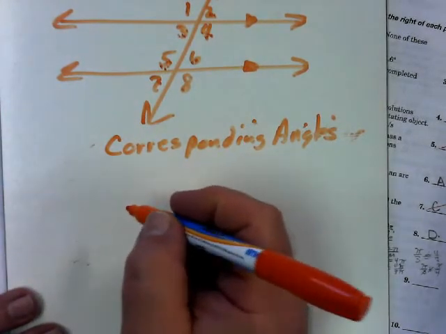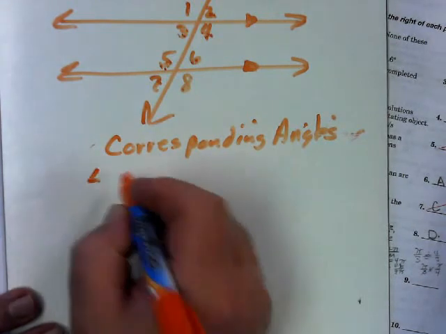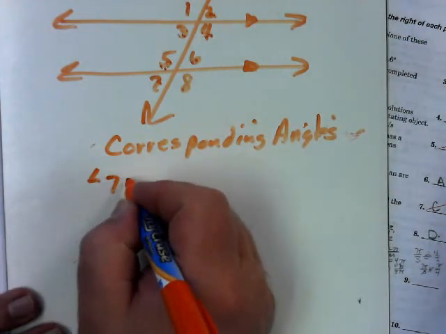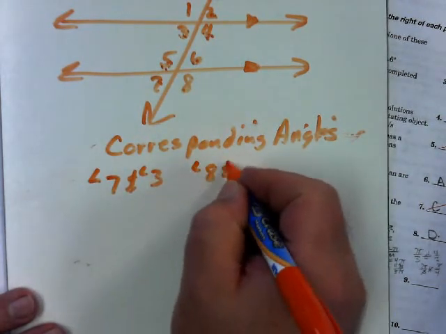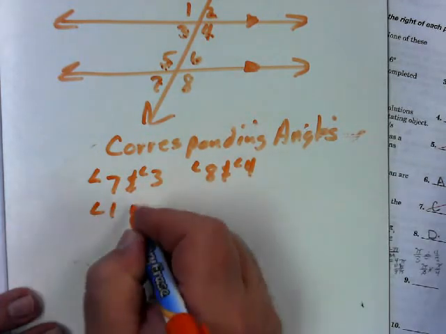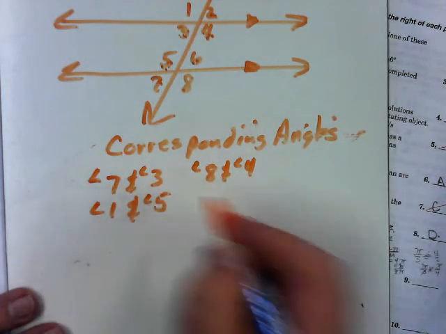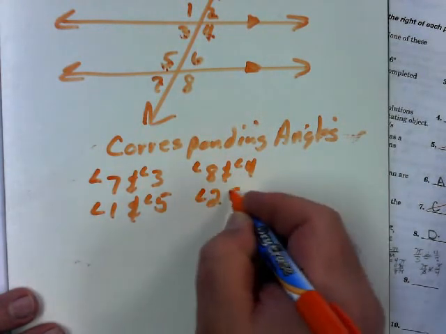Corresponding angles would be like what ones? 7 and 3. 8 and 4. Angle 1 and angle 5. 2 and 6. Angle 2 and angle 6.